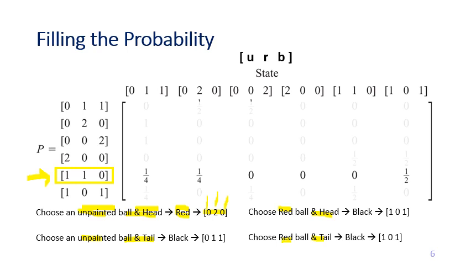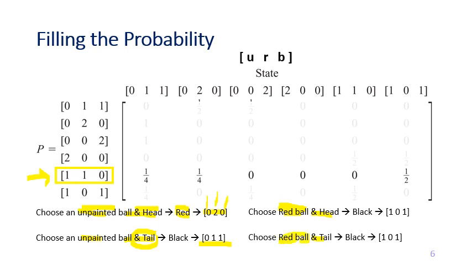If you happen to get the coin showing tail, then you will paint the unpainted ball to become black, such that your next state will become 0, 1, 1. The unpainted ball that you picked now becomes a black ball. For the events where you pick the red ball, the coin doesn't matter.